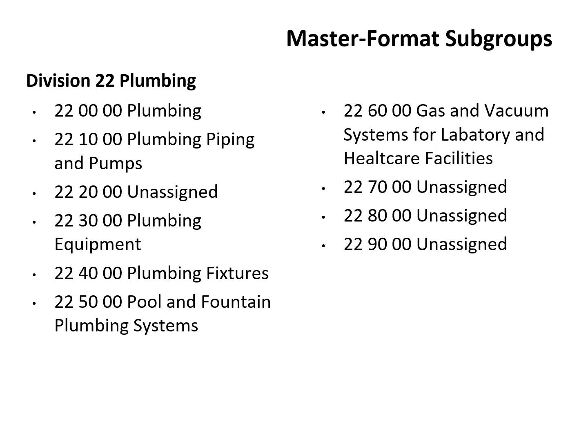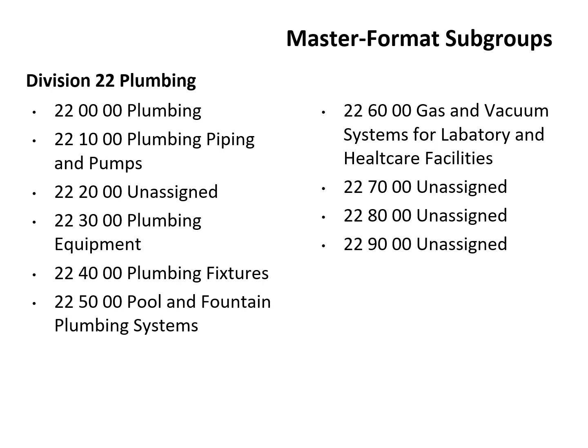This is the breakdown. Division 22 is plumbing, but within plumbing, it's a sub breakdown of a subgroup. So I didn't put all of them in here. I picked one. I said, well, let's pick on plumbers, so let's grab their Division 22. So here's the breakdown, the subgroups.